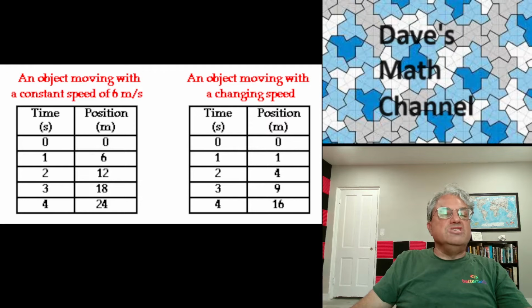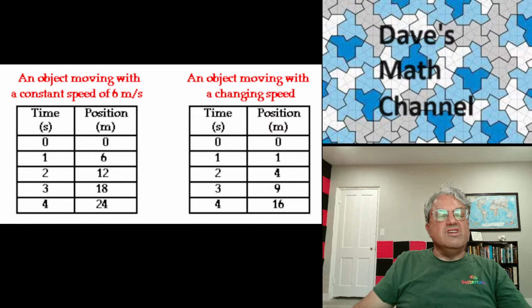But the table on the right is more complicated. Look at this one. We're no longer moving at a constant speed, right? You can calculate your average speed if you like. So in the first second, we've moved 1 meter. That means your average speed for that first second was 1 meter per second. But what about after 2 seconds? Now you've moved 4 meters in 2 seconds, so that's going to be 4 divided by 2.